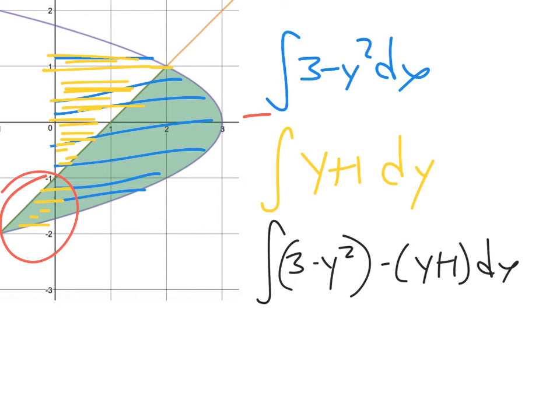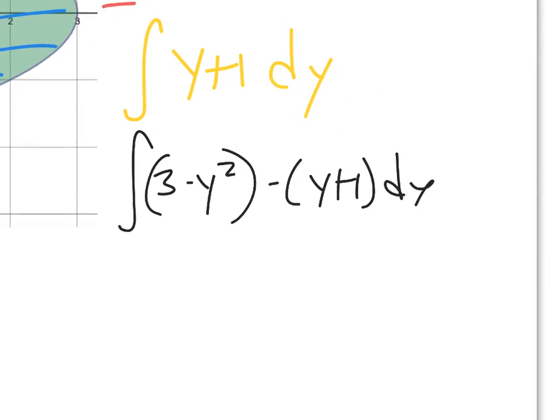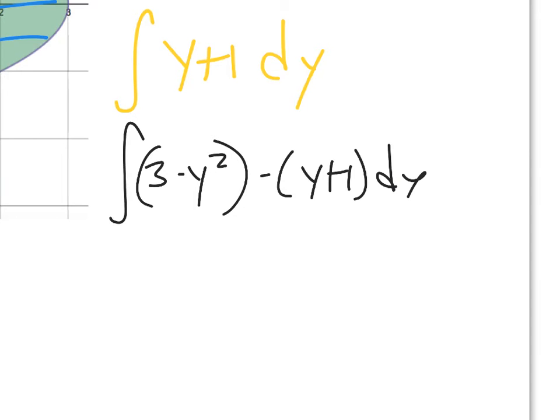And we're going from the y values where they intersect, remember we're talking y now, okay, so y values are negative 2 and 1. Okay, so we're going to integrate this from negative 2 to 1, looking at the y values, not the x values.